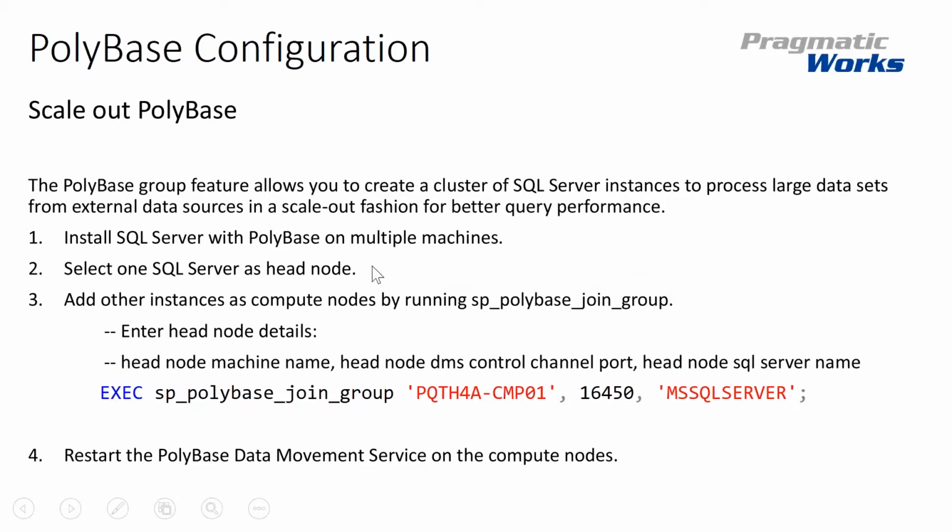You just install Polybase on multiple machines, pick your SQL Server head node, and then you do it with this stored procedure here. Say join group, here's the node, the port, and the server name. Then you restart the data movement service on the compute node and you should be good to go.